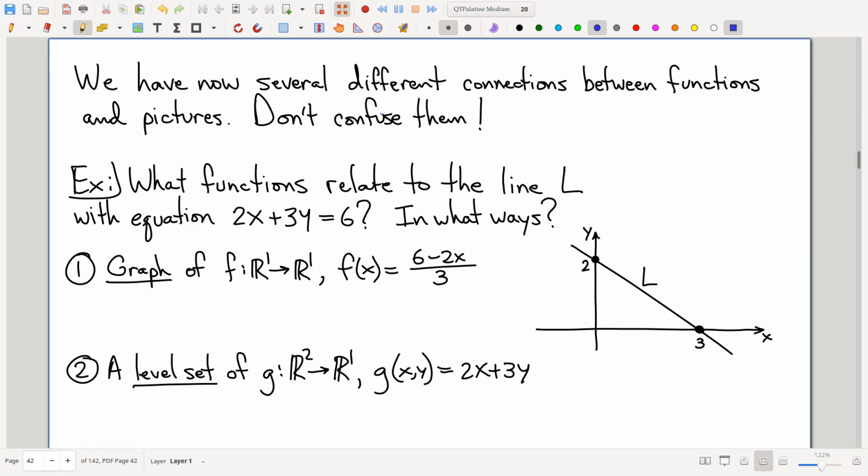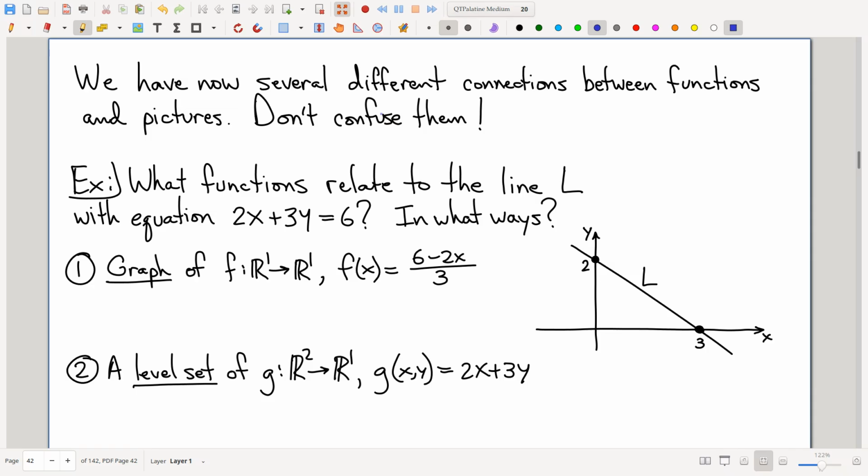If you think about it, a parameterization is a function that relates to a curve. So it's another example of where there's a function and there's a corresponding picture. So we have now 3 different tools, relationships between functions and pictures. And they're all different. The graph of a function is not the same as level sets of the function, which is not the same as what you're parameterizing by the function. They're all different pictures.